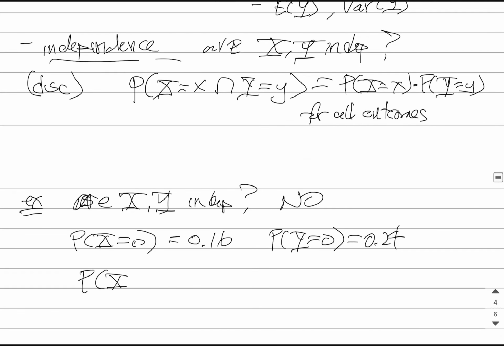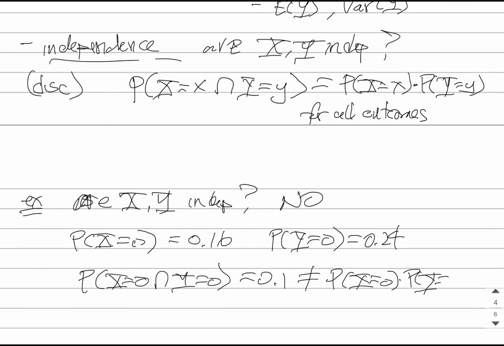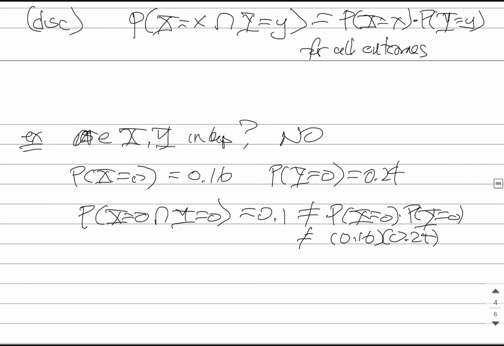The probability where x is 0 and y is 0 from the full mass function gets you 0.1, but this is not what you get when you multiply these two numbers above. And so because I have found what's called a counterexample, one example where it does not hold, this implies that x and y are not independent.